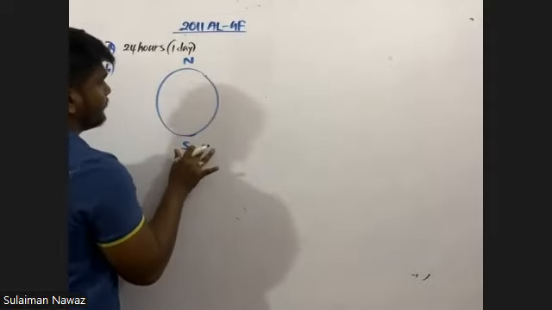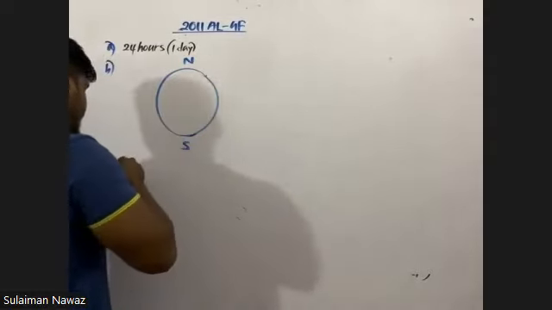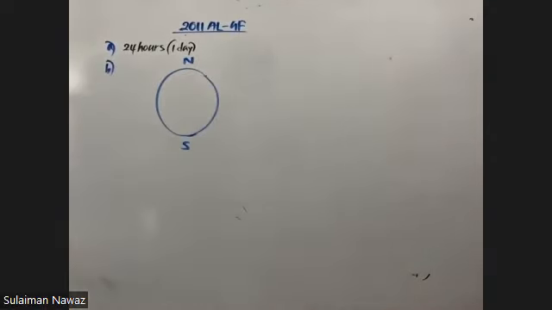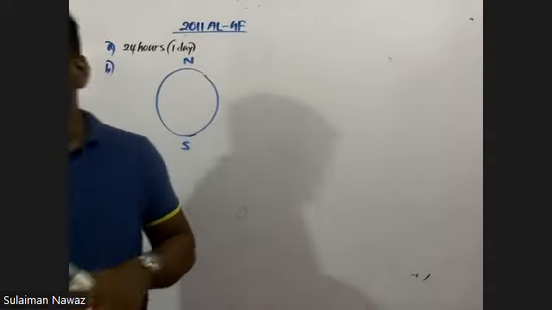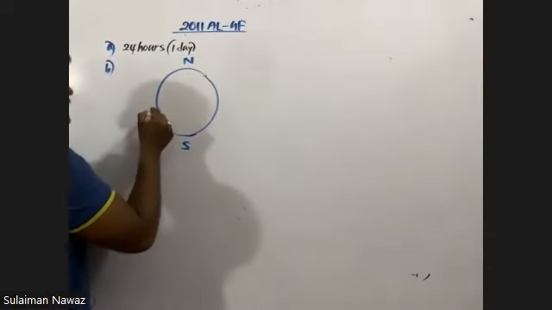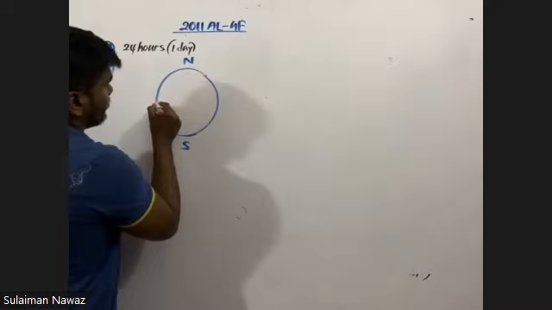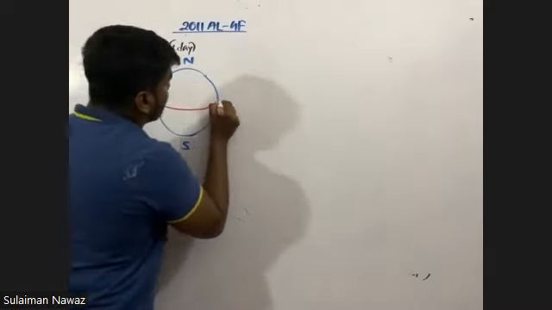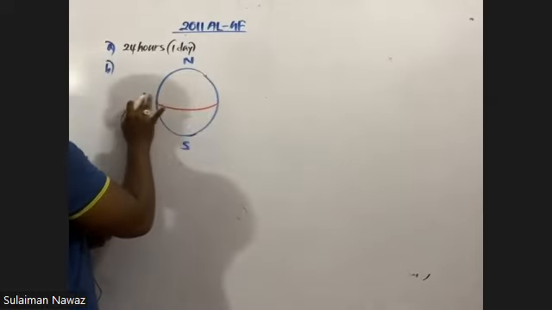Here is our south. Now just say that this red color line represents the equator. Right, this is the equator.